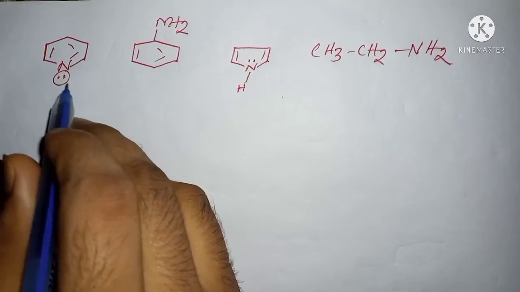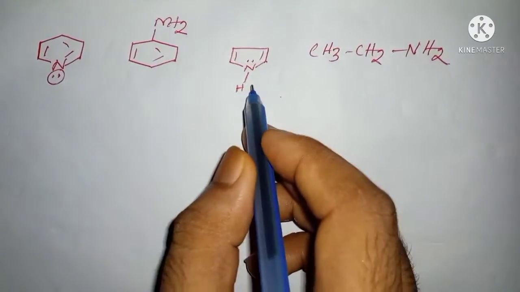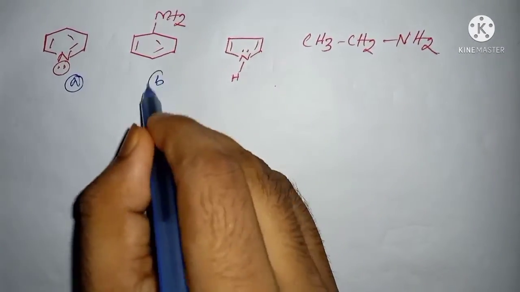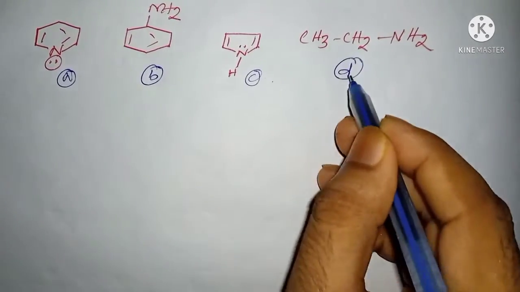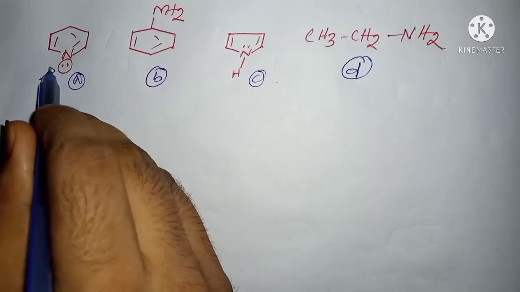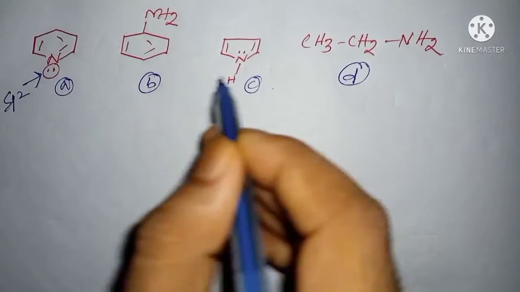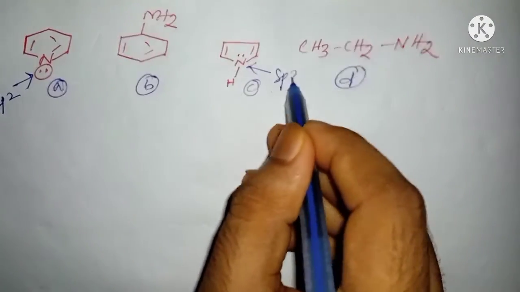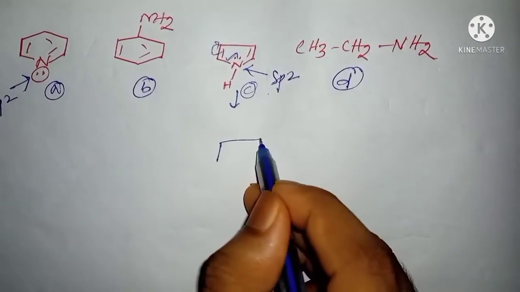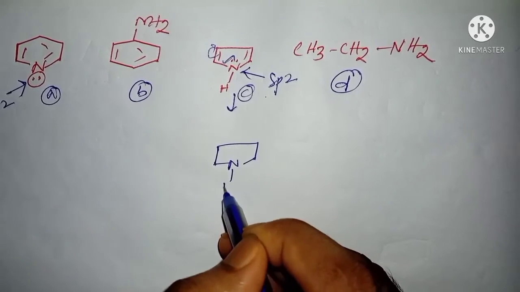Another example: this is pyridine, aniline, pyrrole, CH3CH2NH2. This is A, this is B, this is C, this is D. Add the order of basicity. First calculate hybridization. This is sp2 hybridization, because lone pair conjugation takes place, so the lone pair is not considered for hybridization.